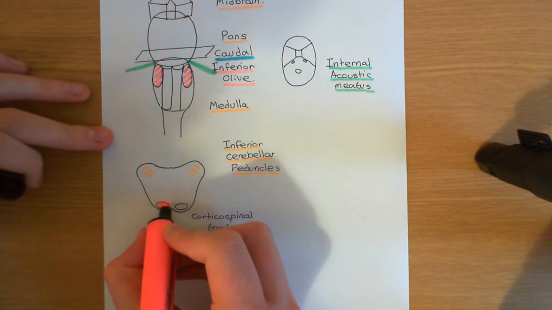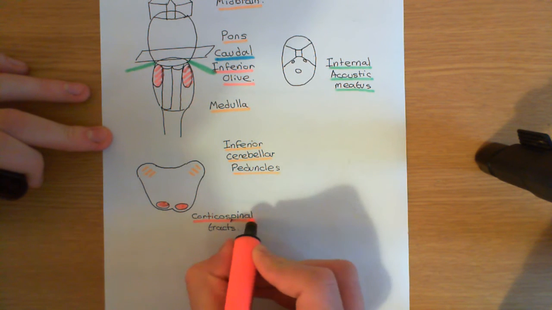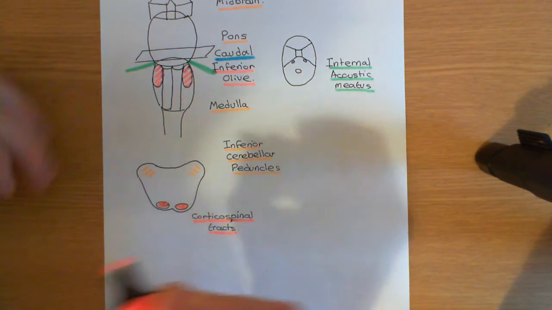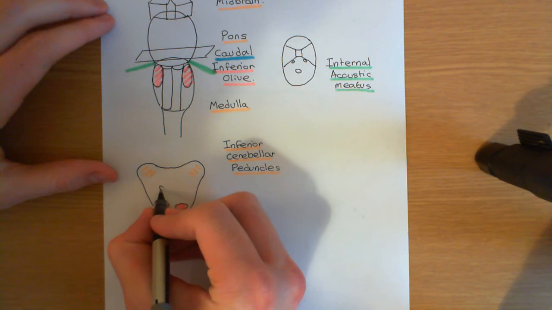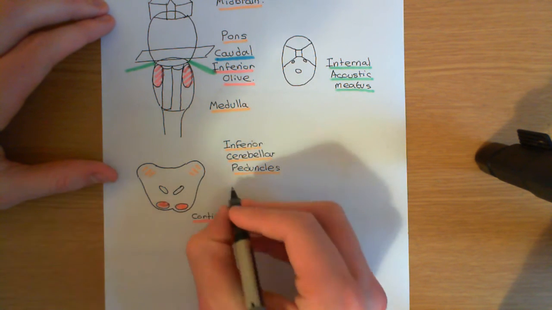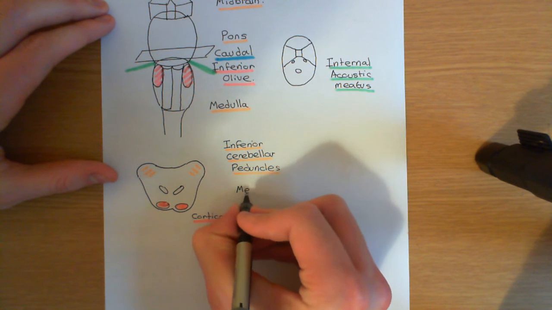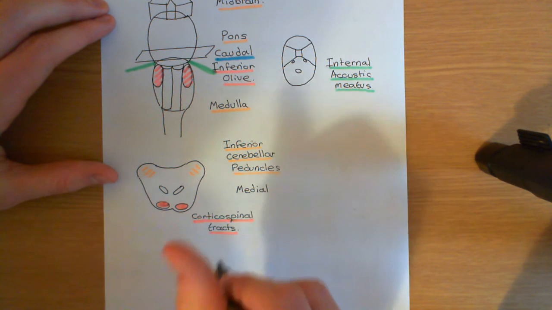Other important structures, just to give us a bearing of where we are, are the medial lemniscuses, so I'll put those on as well. In this position and also in this position we'll have the medial lemniscuses. These are very important ascending tracts. The corticospinal tracts are descending tracts.